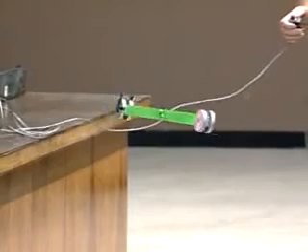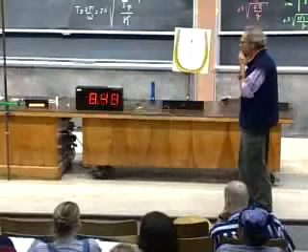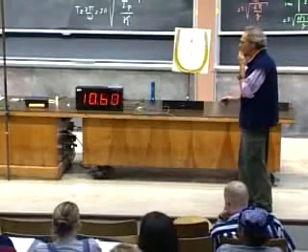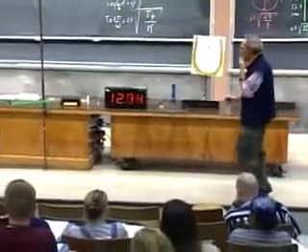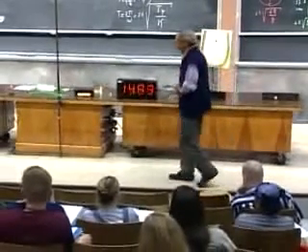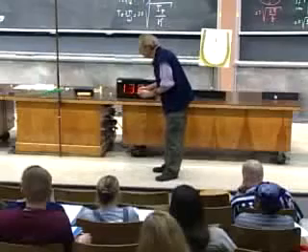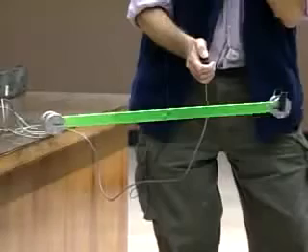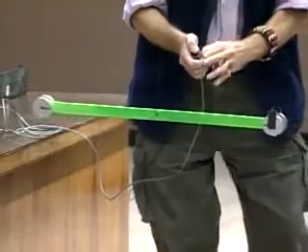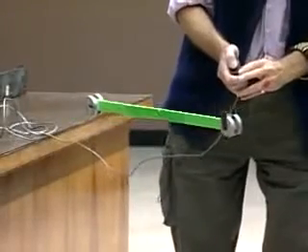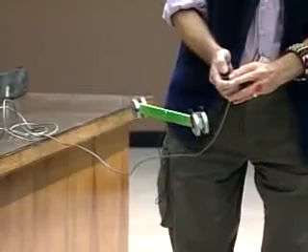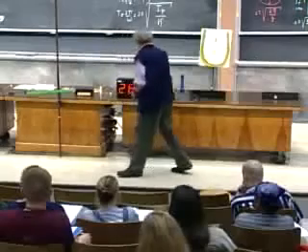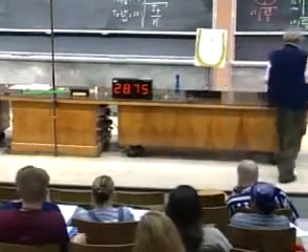And we'll wait until it stops again. That gives us half a period. Okay. Now, 28.75.